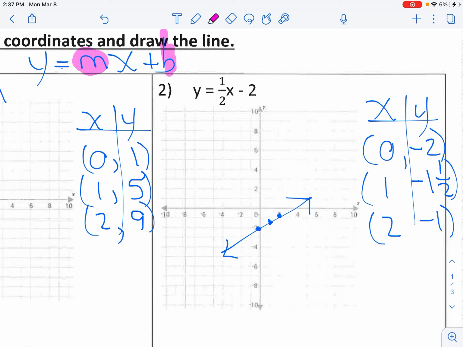So remember that y equals mx plus b, where m is the slope of your line. So the slope of this line is 1/2 or 1 to 2, and your y-intercept, the b, is -2. -2 is where the line hits your y-axis.